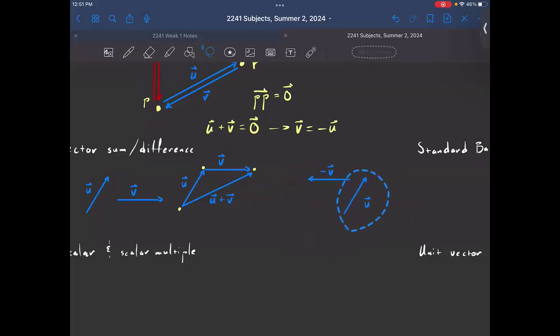Move things around a little, make it clearer. So now I have starting point u, middle point, tip of u, and then go to the tip of v. And my vector difference is going to be the arrow pointing from the start of u to the end of v, and this is u minus v. Okay, and so that's how that works there.